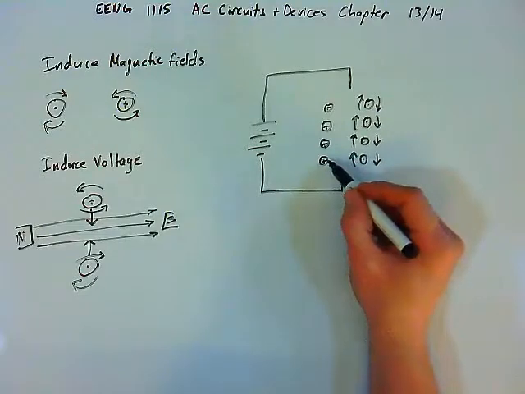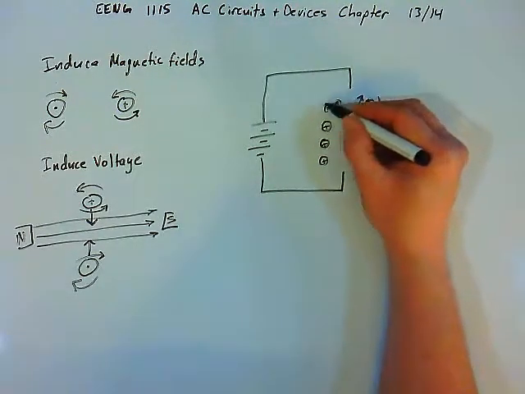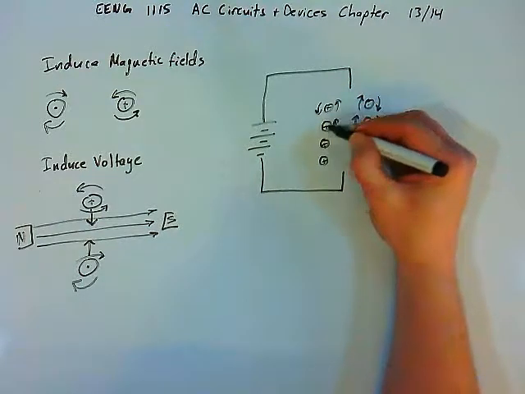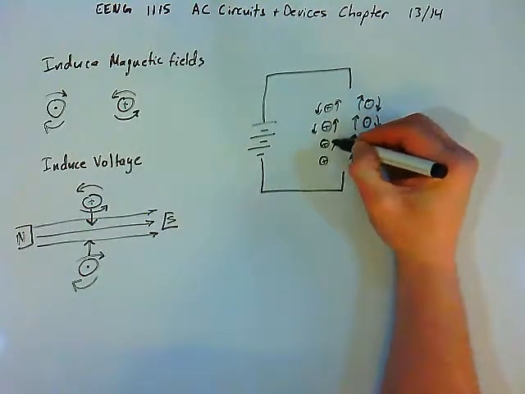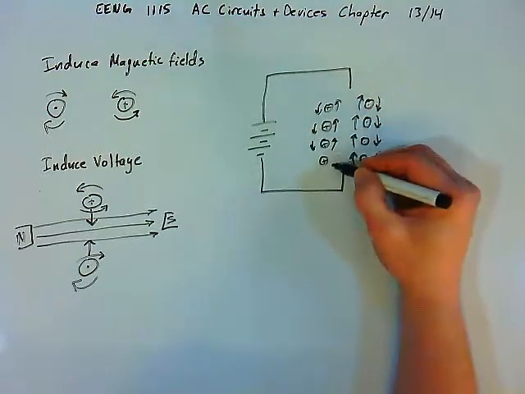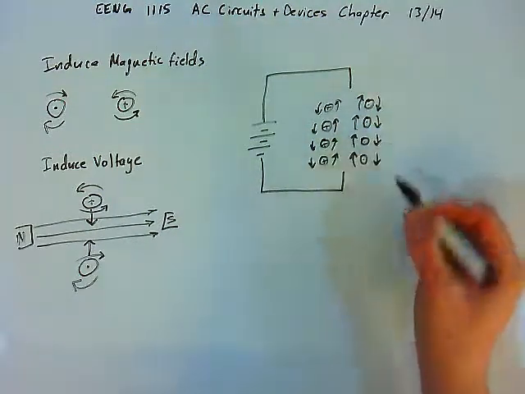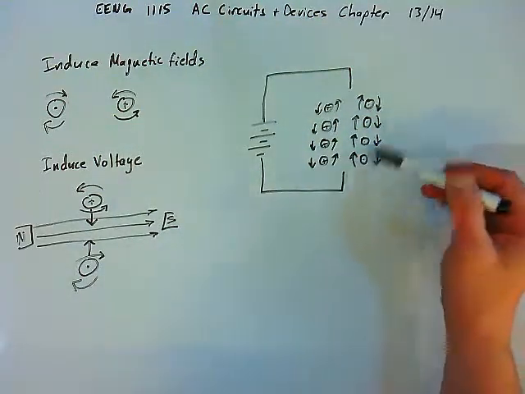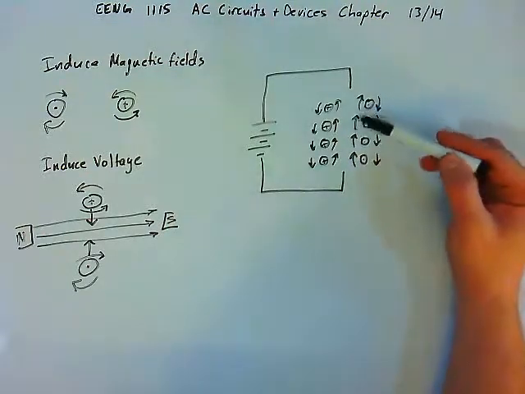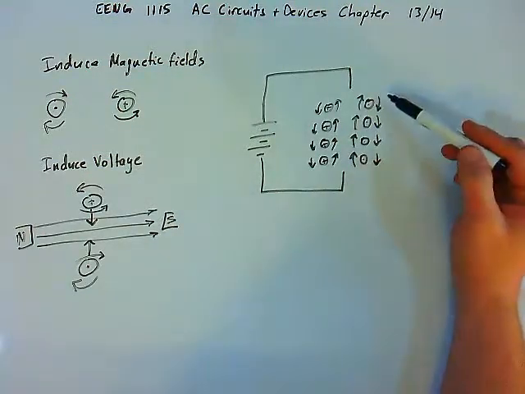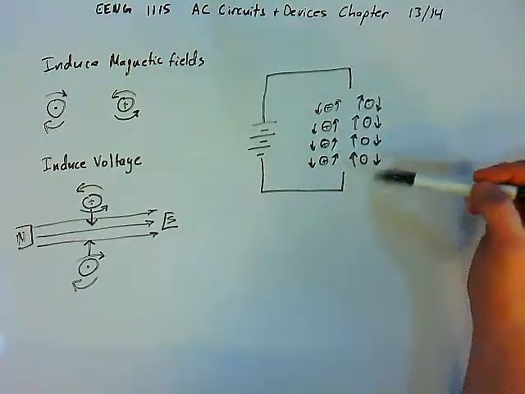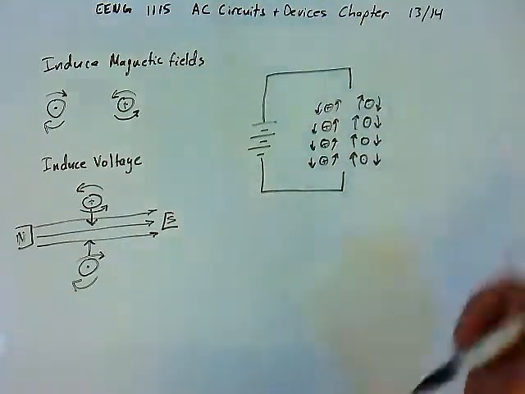And everywhere where the current is directed into the page, we will have a counterclockwise magnetic field, like so. So we're passing current through these turns of coil, and we get these magnetic fields induced around each section of the wire that makes up this inductor.